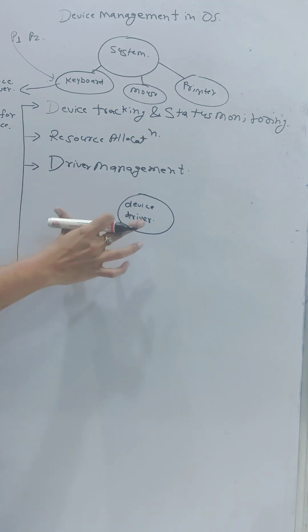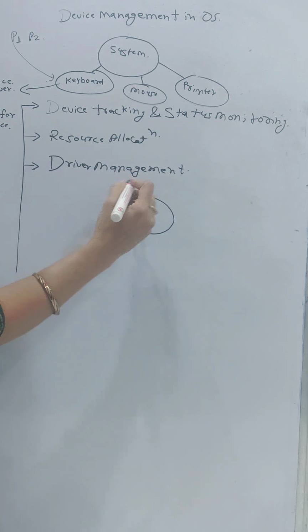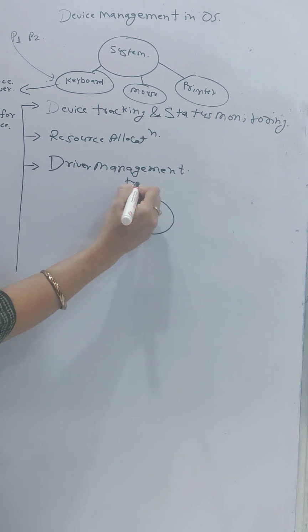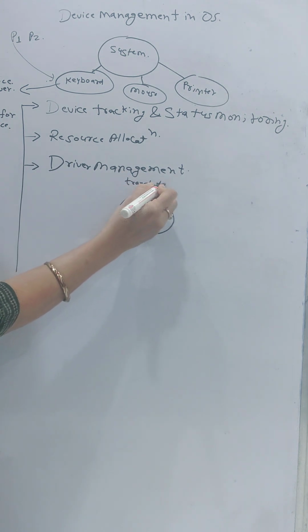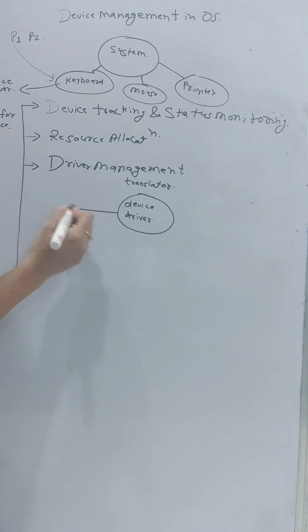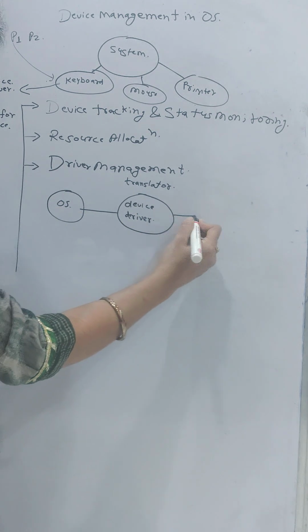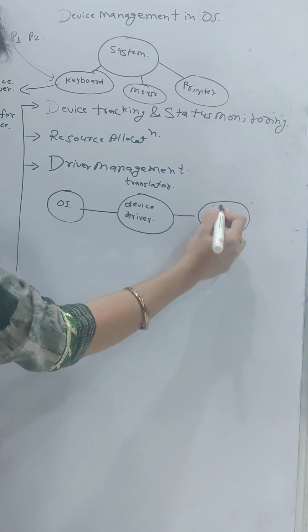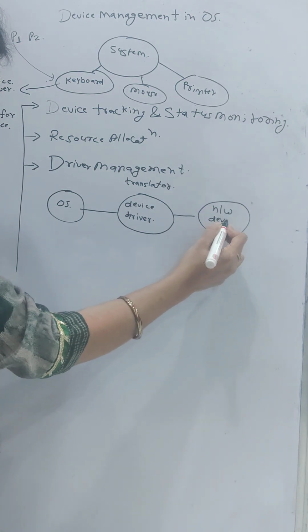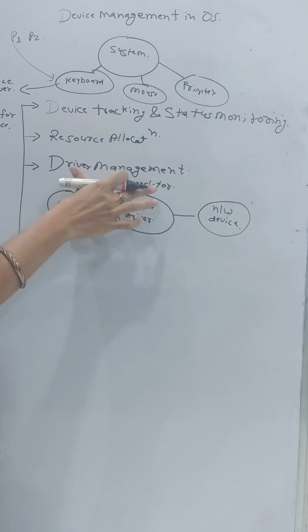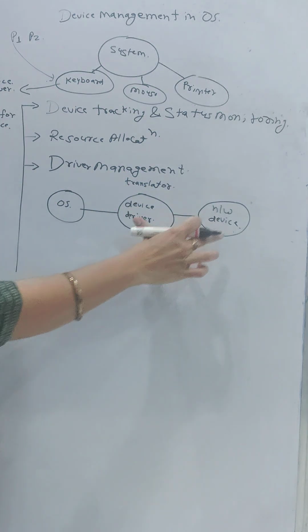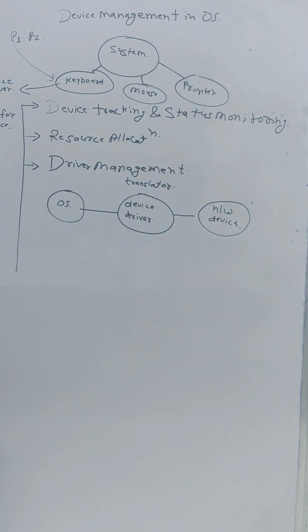It will basically act as a translator between the OS and your hardware device. This is basically a translator between your operating system and hardware device. So how will this work? We'll understand this.